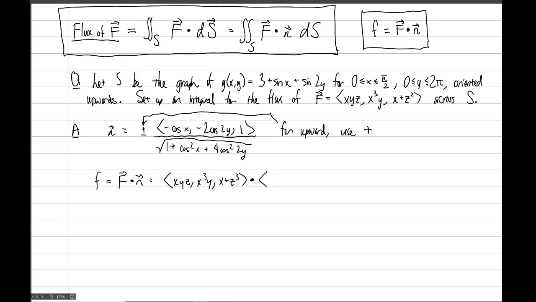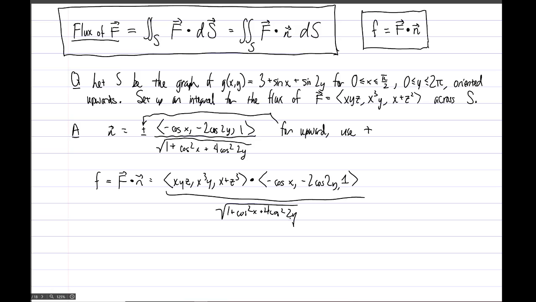So let's get the vector here in the numerator, negative cosine of x, negative 2 cosine of 2y, 1. And let's stick the scalar in the denominator, root 1 plus cosine squared x plus 4 cosine squared 2y.